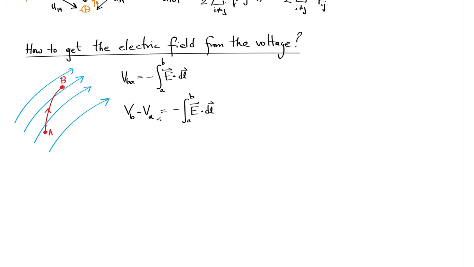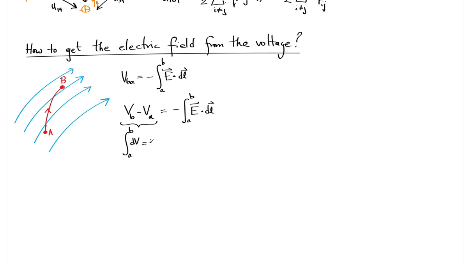So there's another way you can write this. Another way you can write this is basically just the integral of dV from A to B, right? So this seems kind of obvious, but if you integrate dV from A to B, you just get the value of V at B minus the value of V at A, right?